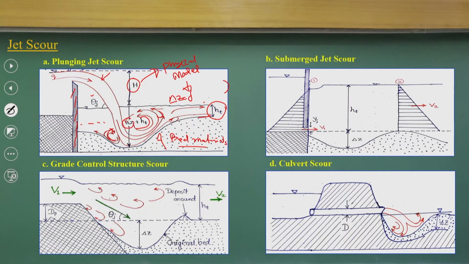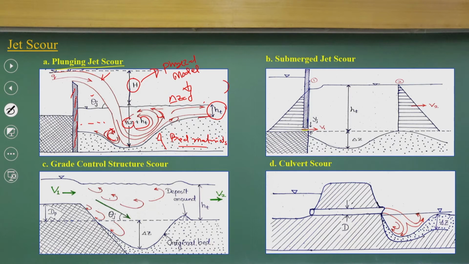As we discussed for the scour at bridge piers, the same concept is followed for plunging jet scours. In the same way, in many cases you can have a dam structure with a sluice gate.